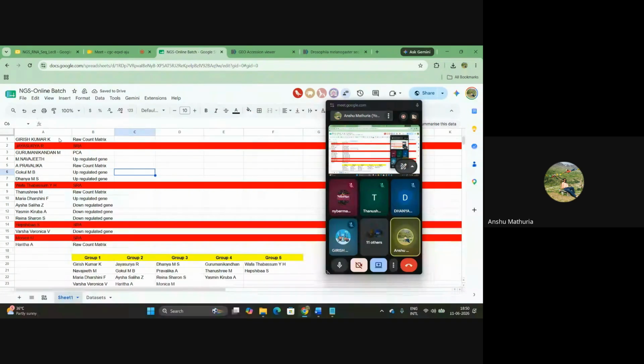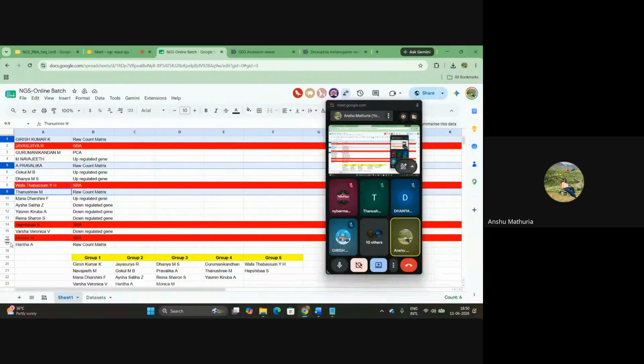First we are going to start with the raw count matrix. I asked everybody to do it. Did everybody complete that assignment? Did they do the calculations? Okay. So it was Girish, Pravalika, Tanushri, and Harita.